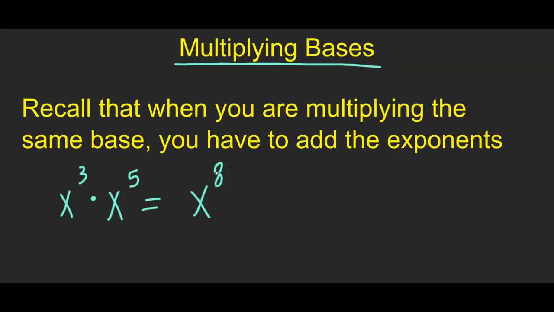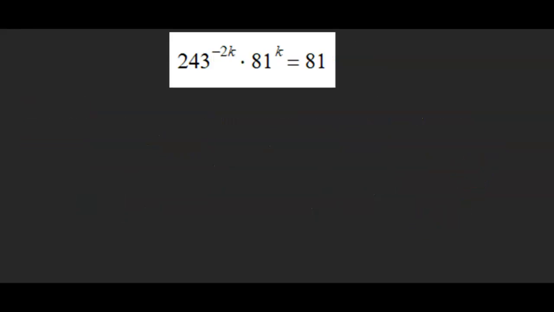So it's the same thing if your bases are numbers. If I have 2 to the third times 2 to the fifth, that equals 2 to the eighth. Okay, so your base doesn't change. You can just condense it down and add your exponents up. And then you have a single base to a single exponent.